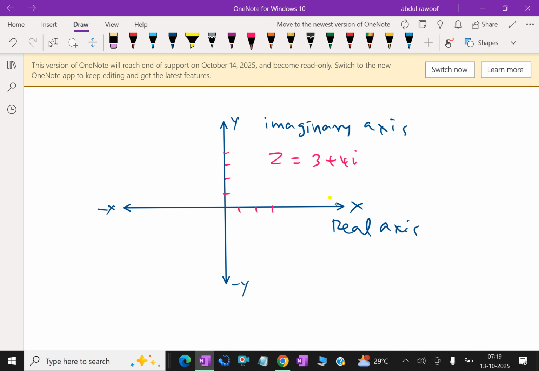We write z equal to 3 plus 4i. So here 3 and here 4. This represents the complex number z equal to 3 plus 4i.